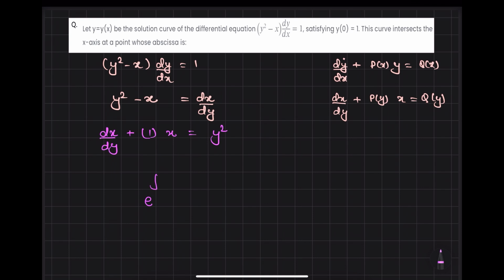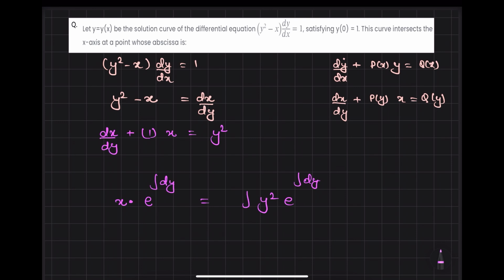In place of p of x we will write p of y, so that is e to the power integration of 1 dy, equals e to the power y, and then q of y, which is y².